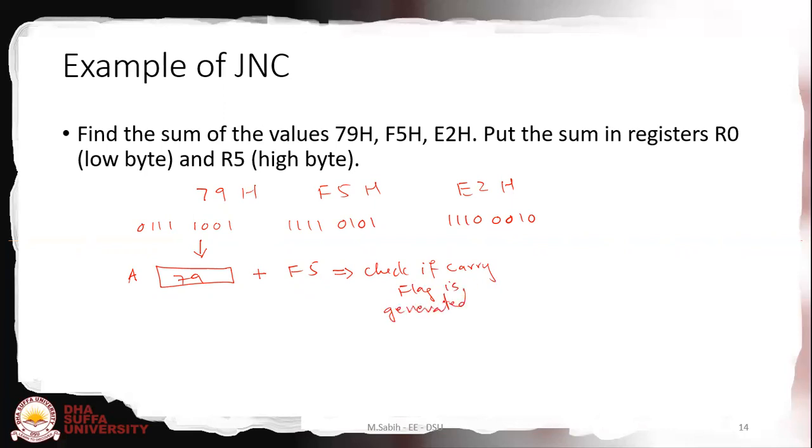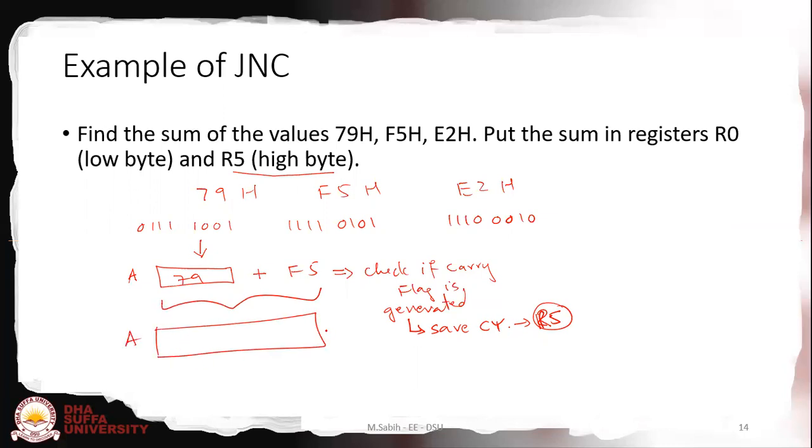In case the carry flag is generated, we will save the carry flag, CY, into some register, let's say R5, because R5 is taking care of the high byte. The high byte is the place where the carry will go, so we will move it to the R5 register. Next, whatever the accumulation is will be in the A register, and then we will add the value E2H.